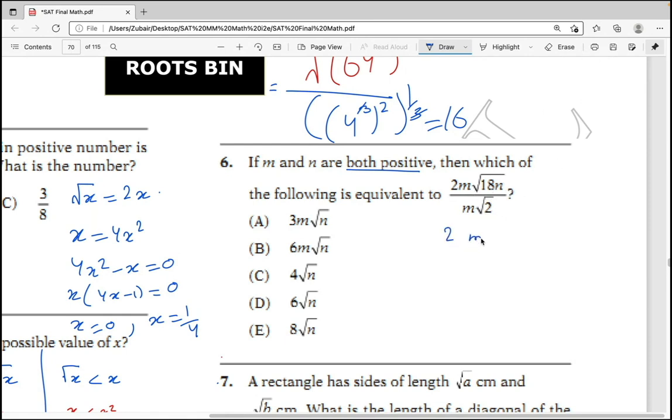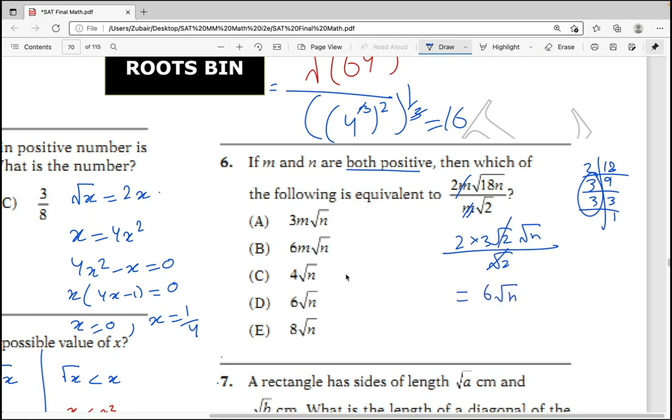So this is 2 and square root 18, 2, 9, 3, 3, 1. I know this is 3 square root 2, and square root n in the denominator of square root 2. So I'm left with 6 square root n. If you just punch in the numbers 2 square root 18 by square root 2, the calculator will also give you 6.